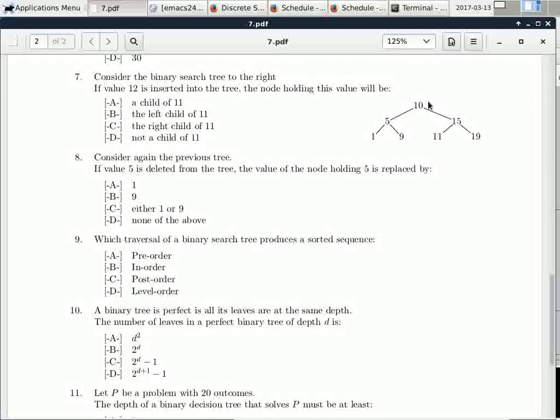All right, we have these 3. And we delete 5, right? So first, when we delete, we have to look at the different situations. So one situation, an easy one, is that this is a leaf, right? And then you just make it disappear.